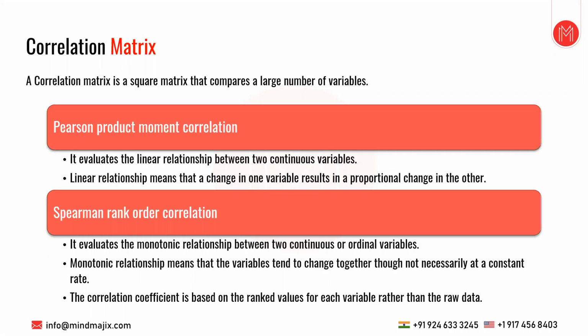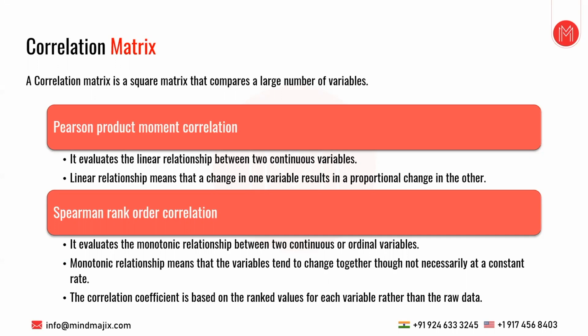The Pearson product moment correlation evaluates the linear relationship between two continuous variables. A linear relationship means that a change in one variable results in a proportional change in the other. The Spearman rank order correlation evaluates the monotonic relationship between two continuous or ordinal variables.